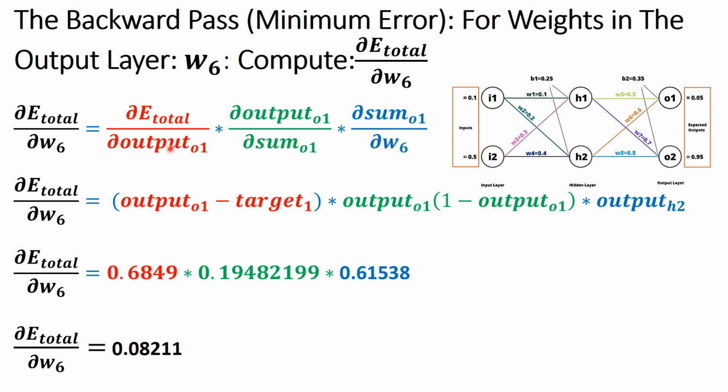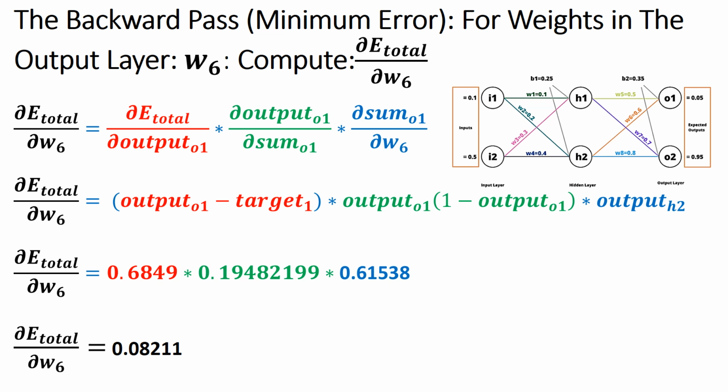This is the chain rule. We compute each term separately, and as we did for W5, this component equals output O1 minus target 1, and this component equals output O1 multiplied by 1 minus output O1, and this component equals output H2, and then we just plug the values we already calculated, and we get the value of partial E total with respect to W6.